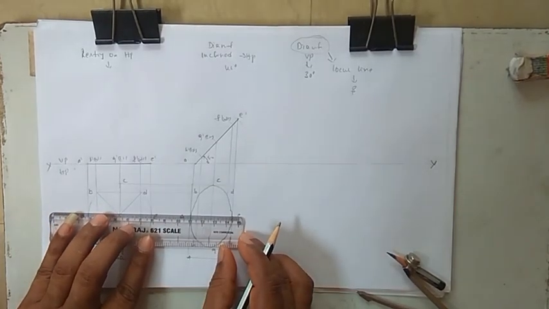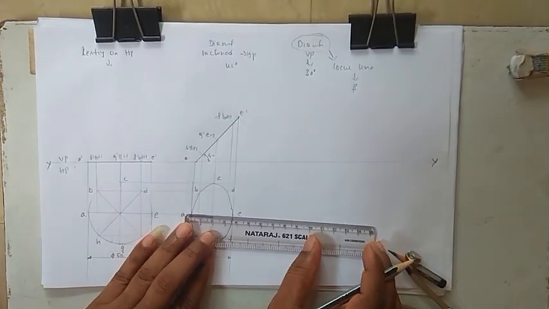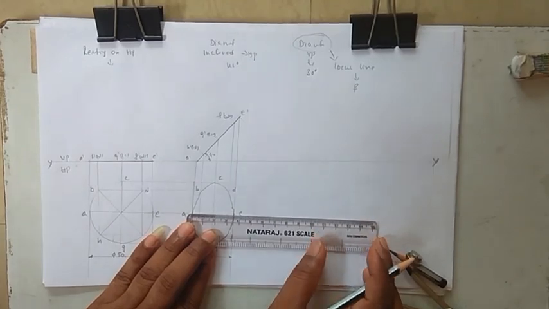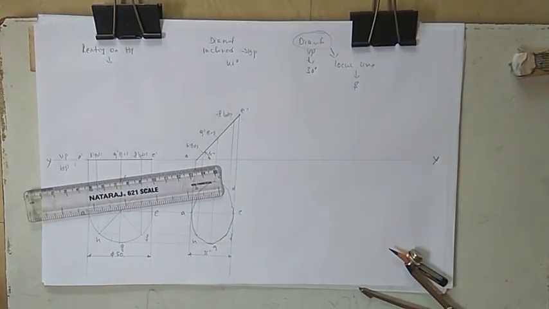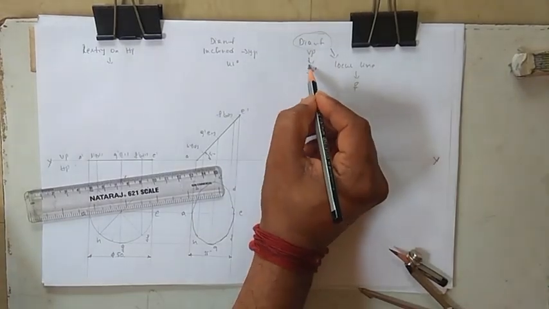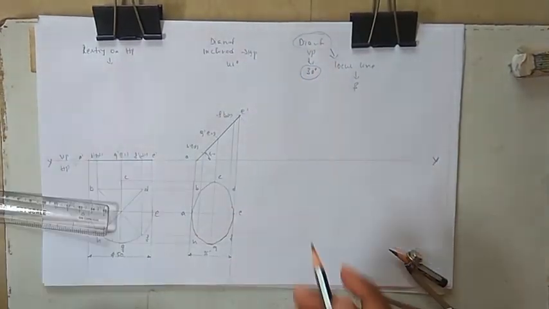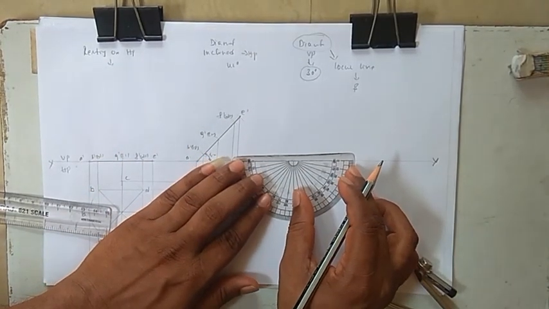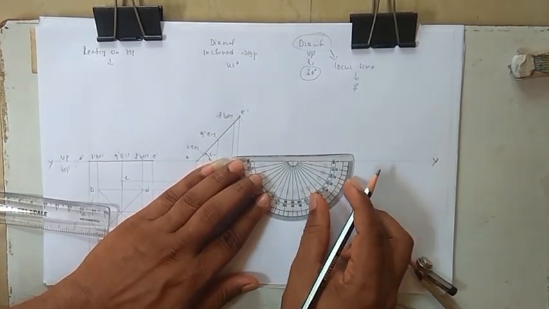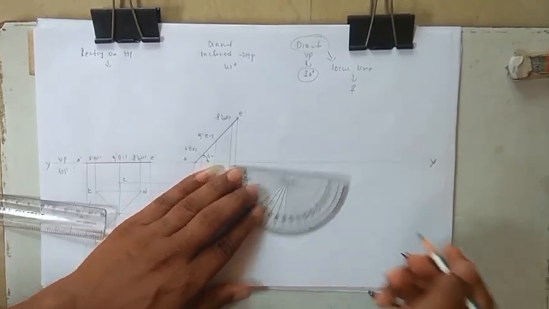Now measure the second diameter, dropping this downward. Measure the diameter. It is 35, right? It's 35. Once this is done, the diameter is inclined at 30 degrees. So take any one reference point and take a 30 degree line.